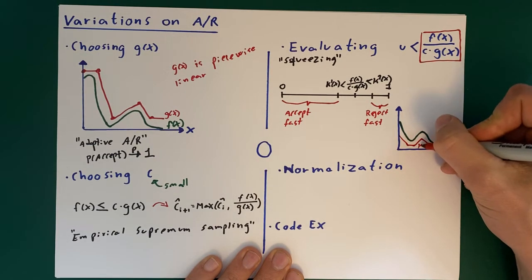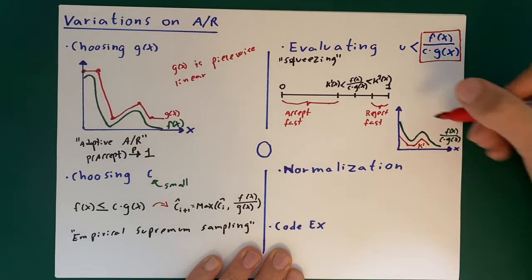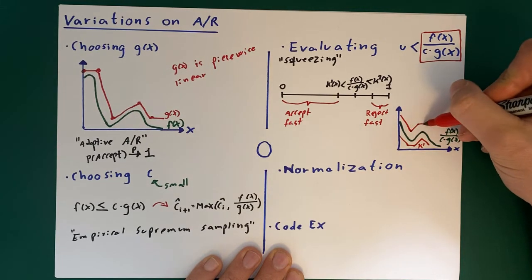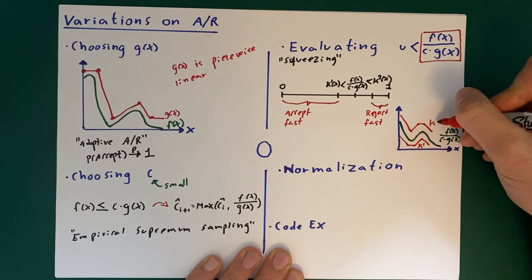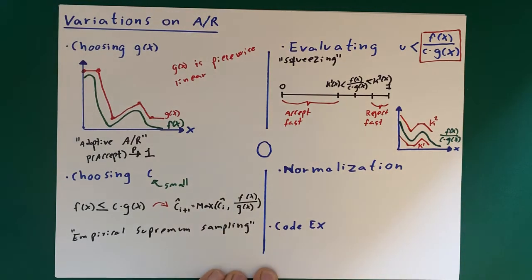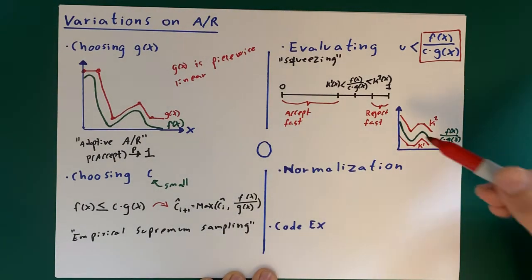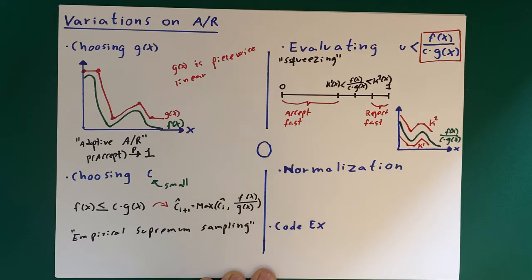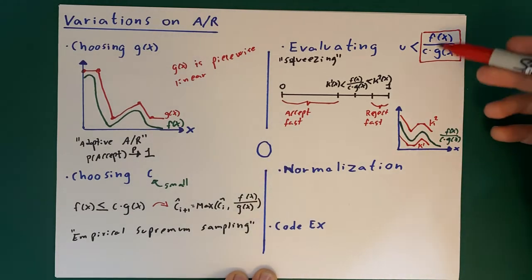This could be our K1. And we might do the same for our K2. K2. And that will be very quick to evaluate, right? We just have to find these functions, right? And that solves quite a large problem for acceptance rejection, the evaluating of this term here.